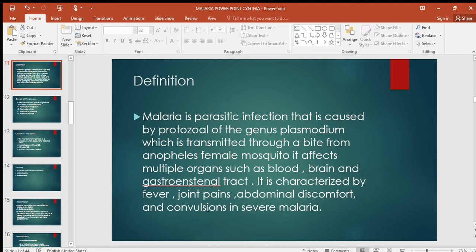You need to mention how it is transmitted. Then you need to state which organs are affected, and then list at least 2 or 3 signs and symptoms. That's how you make sure you are putting in the information that they need. So that's how we can define malaria.